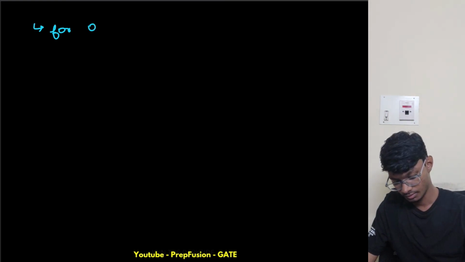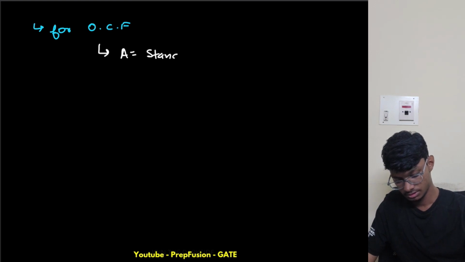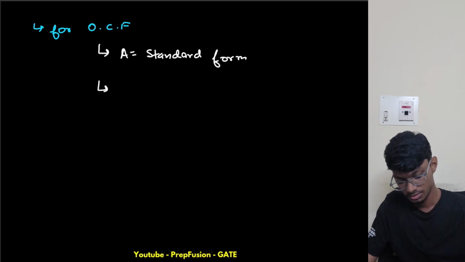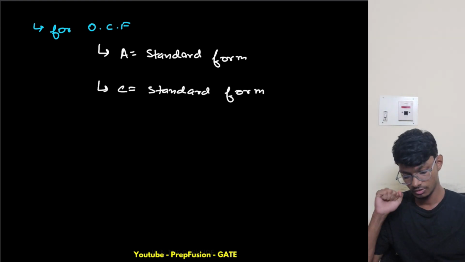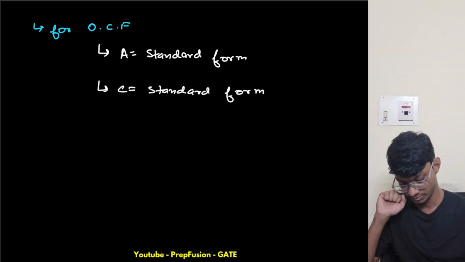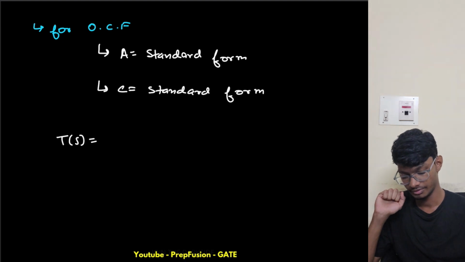For OCF, A will be in standard form, and what else will be in standard form? C will be in standard form. So what will be the standard form? Let's say I have a transformation.